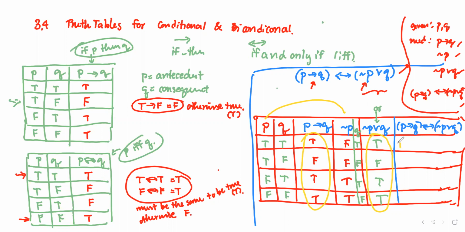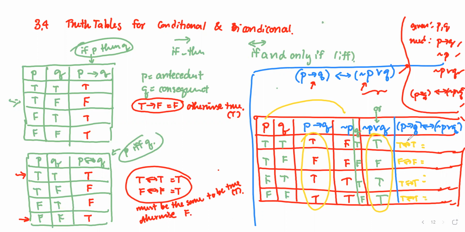The first one gonna be T if and only if T, F if and only if F, T if and only if T, T if and only if T, and then my result for each case. By the way that we construct the table for if and only if, both of them must be the same to return the true value.